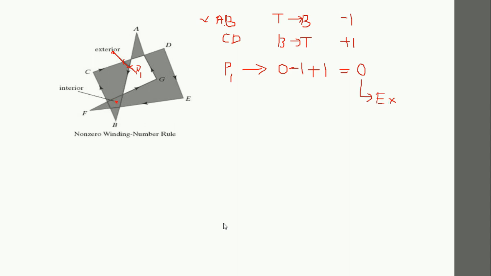Second, let me take the next point, P2. I consider another point outside the polygon and join the line segment. The line segment intersects at exactly two edges: the first is CB, and the other is FG.